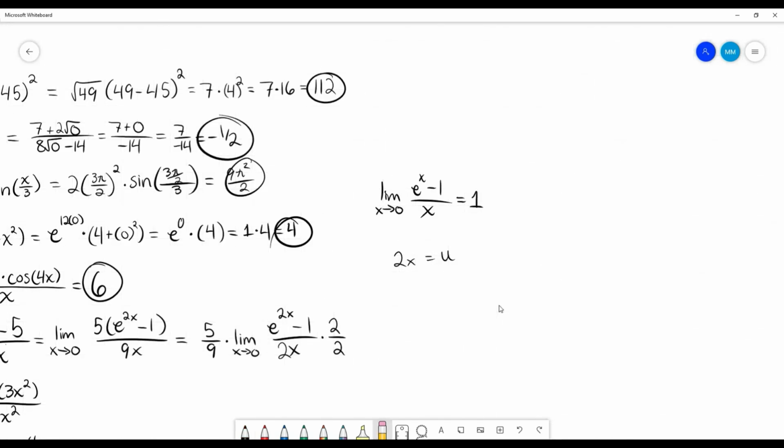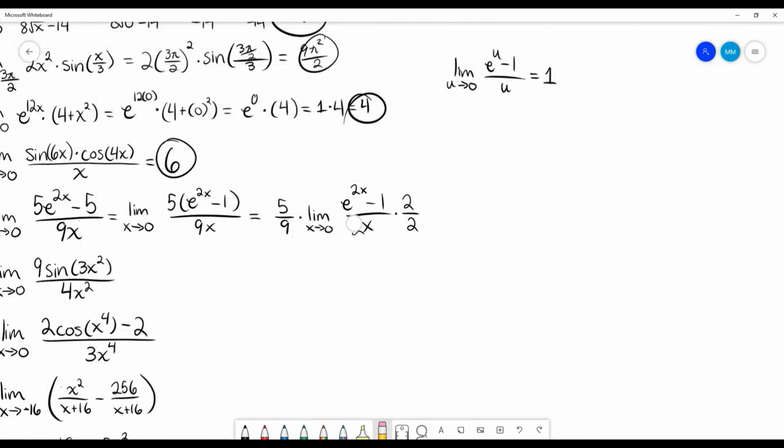So let me rewrite this piece. Instead of using x's, I'll use u's. So if I put it in this form, our u is going to be 2x, which means it will be in this form, and that means that it will just equal 1. That being said, we haven't done that bit yet, so I'm going to erase that.